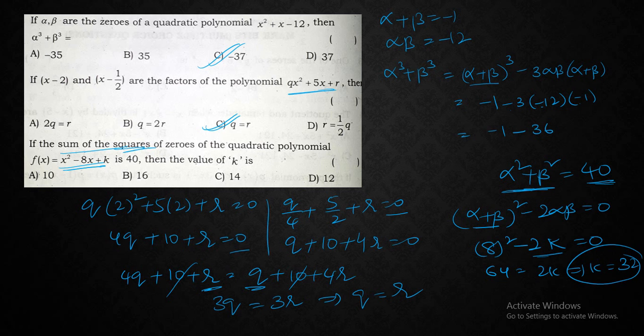So 8 whole square minus 2 times alpha beta. Alpha beta is k by 1, which is k, so 2k. 8 square is 64, so 64 is equal to 2k. K is equal to 32 only we are getting.